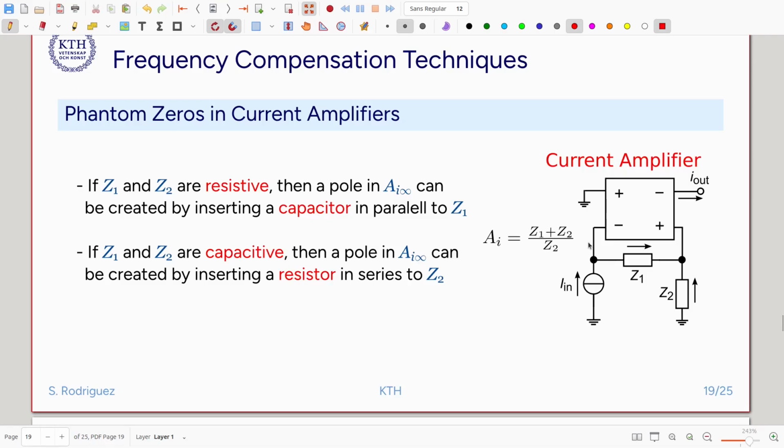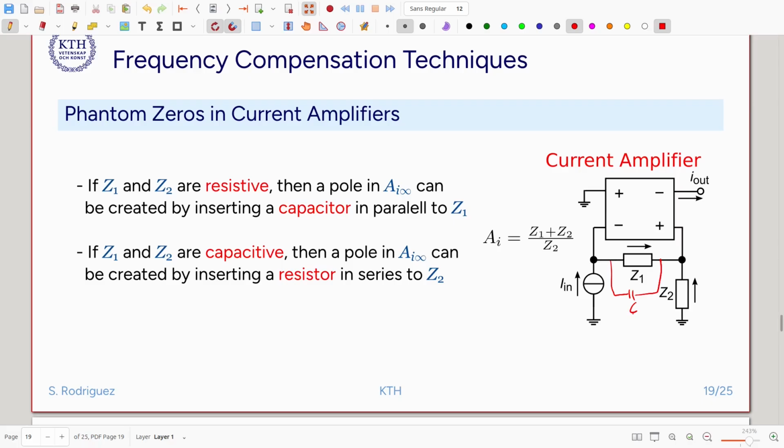In current amplifiers, if the impedances are resistive in the feedback, then a pole in the asymptotic gain can be introduced by adding a capacitor in parallel to zeta 1. So it will be here.